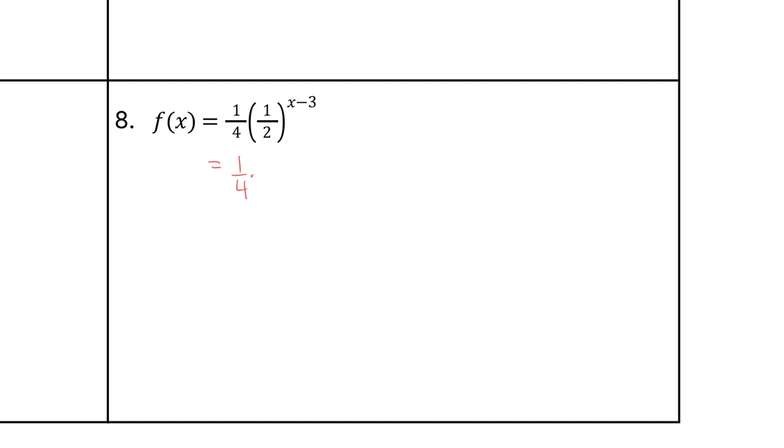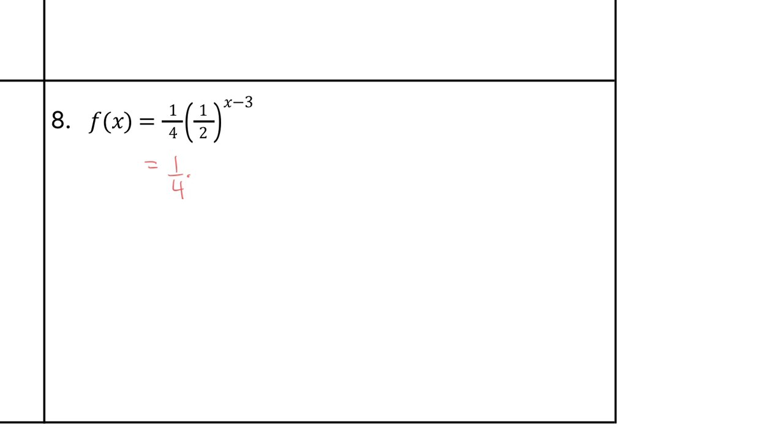So a little bit of a side note, this has a minus sign, but what we know about subtraction is that x minus 3, that's the same thing as saying x plus negative 3. So you can still use the product property because of that plus sign, but you're going to have to use negative 3 here.